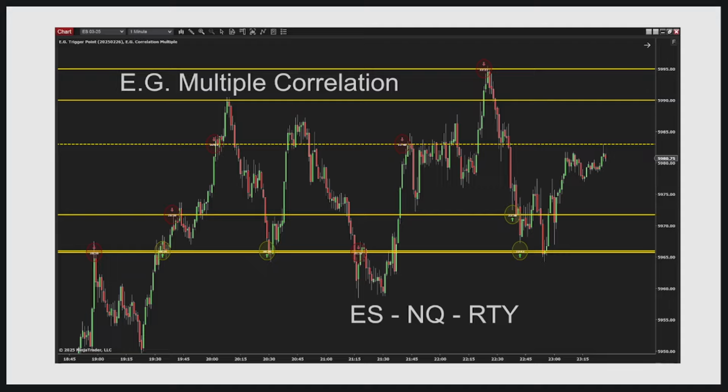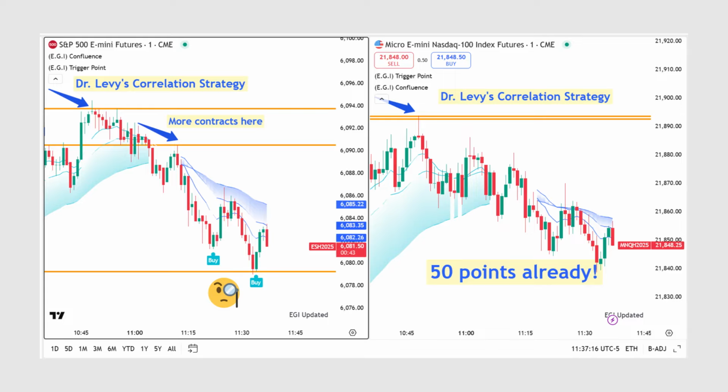This is another example. You can see the small, beautiful signals here generated by the correlation indicator we developed following the correlation method we discovered in recent years.